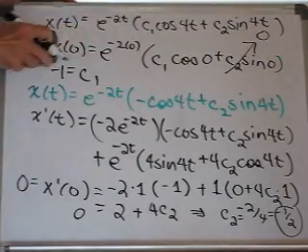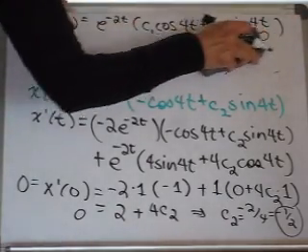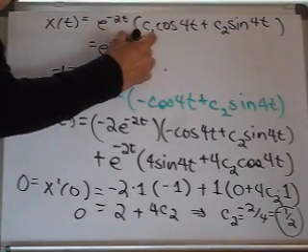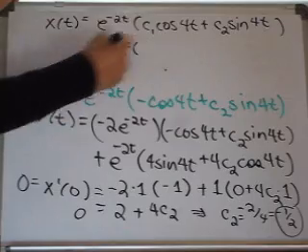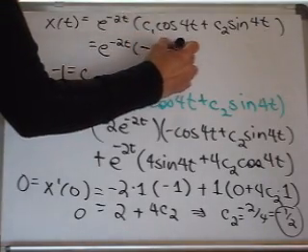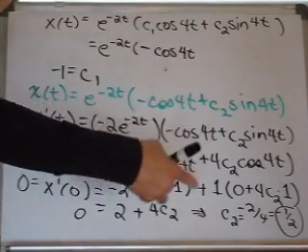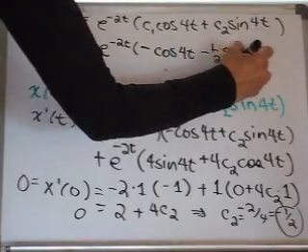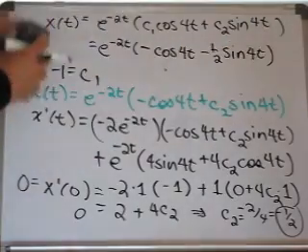And then I'm going to have the solution, and I'll put it into phase amplitude form. So this becomes e to the negative 2t. c1 was negative 1, so I get negative cosine of 4t. And c2 is negative 1/2, so minus 1/2 sine of 4t.